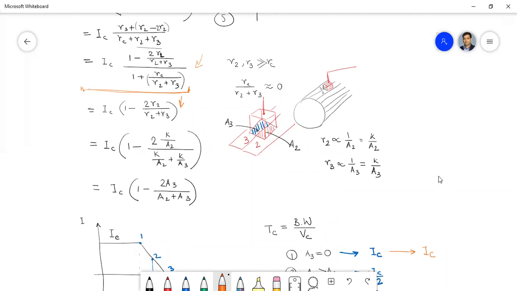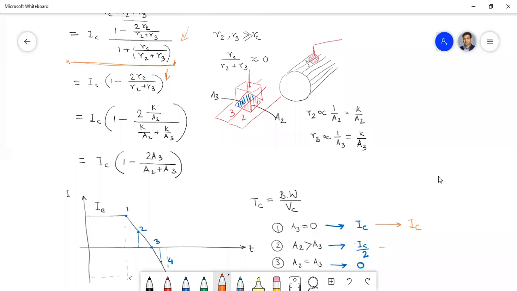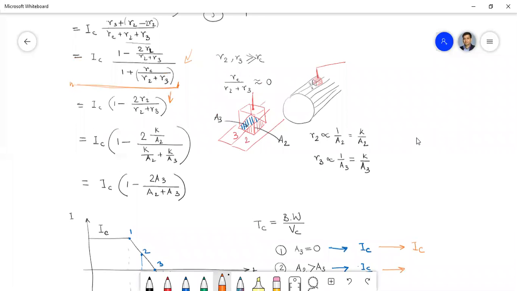Okay, so now what about the next instant? That is instant 2. So that means when the brush is in contact with 3 as well as 2, but with 3 only 25% contact as established, and with 2 75% contact is already there. Now as per the numerator, we should get IC by 2, isn't it?